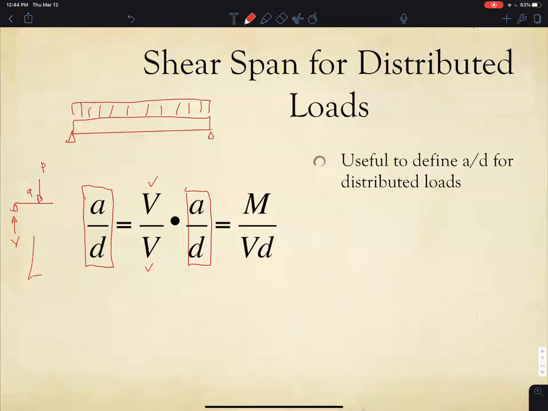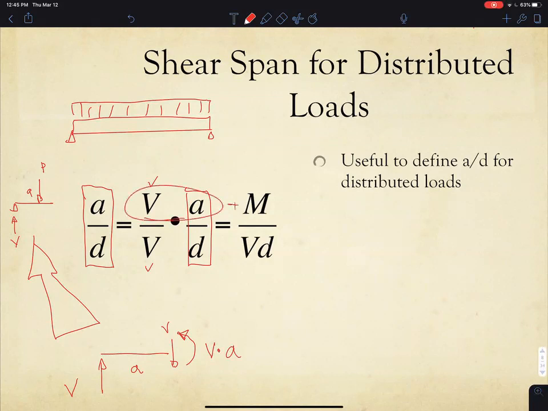Now, if you look at this free body diagram here, I've got V, a distance A. So obviously on this cut right there is V, but this moment right here at this point is V times A. So V times A is the moment, and in the denominator we have V times D.